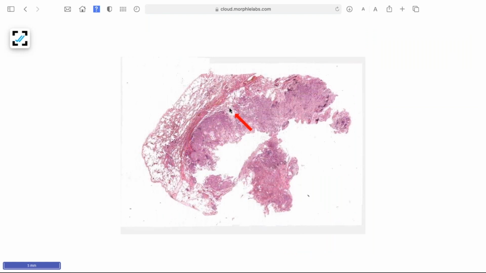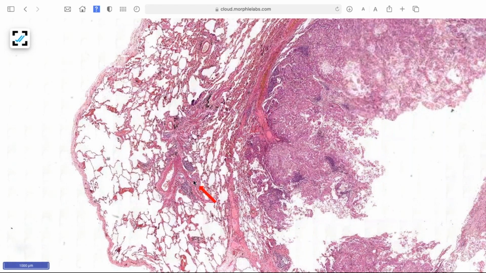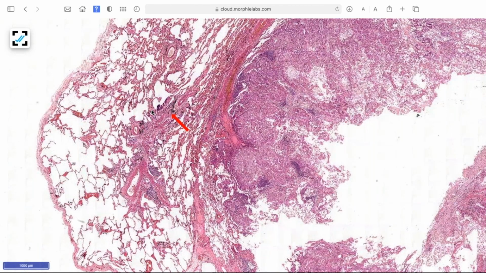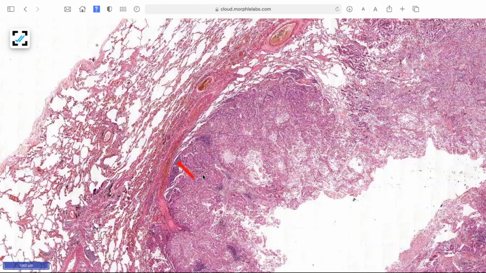Normal lung, circumscribed tumor, and in the normal lung, some mucosa associated lymphoid tissue, no spread through airspace.